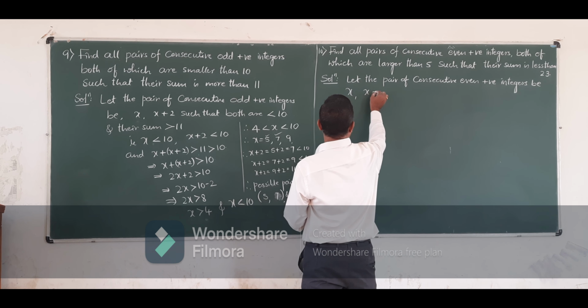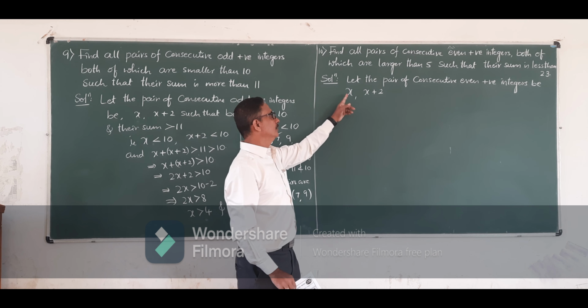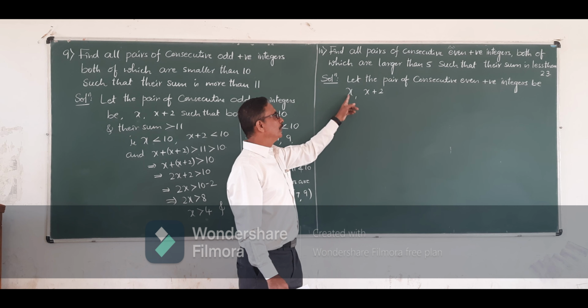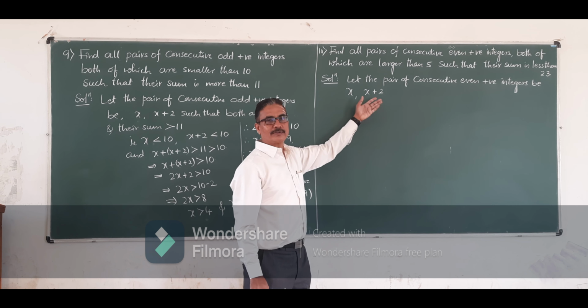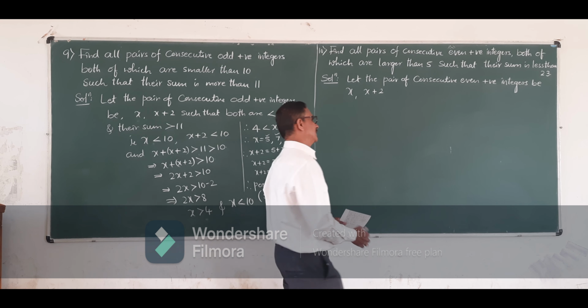Again x and x plus 2. Check: even number, put x is 2, this is 2, 2 plus 2 is 4, 2 and 4 are even numbers. Put x is equal to 4, 4 plus 2 is 6, 4 and 6 are even numbers. We generally take x and x plus 2.